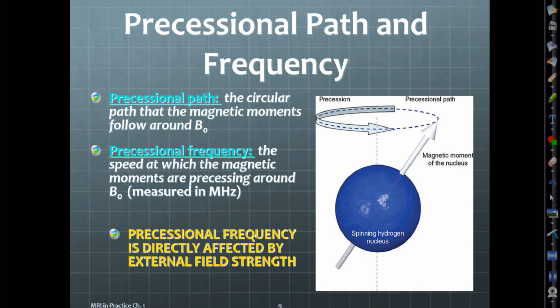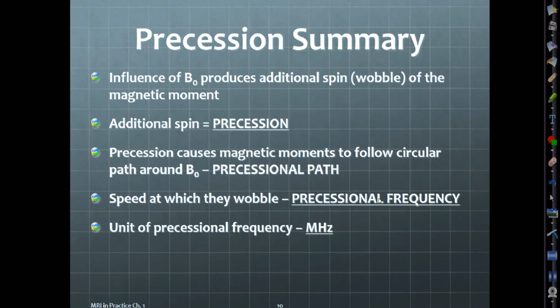So this precessional frequency is directly affected by the external field strength. So you'll see how that factors in. Our precessional frequency is influenced by B sub 0. And that makes sense because that's the axis that it's rotating around. So the influence of B sub 0 produces additional spin or wobble of the magnetic moments.